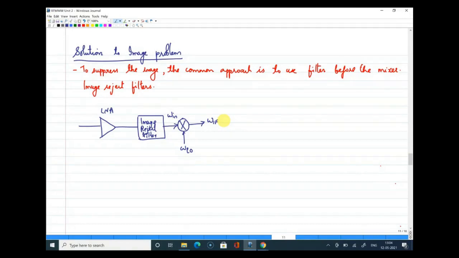High selectivity again depends on the center frequency, because the Q factor, or the selectivity, is related to center frequency divided by bandwidth. Now if I am going to introduce a filter here as an image reject filter, the center frequency remains the same because we did not do down conversion. So we have to work with the same center frequency as before. So the Q requirement is very high, or we have to actually develop a filter with high Q. Right.